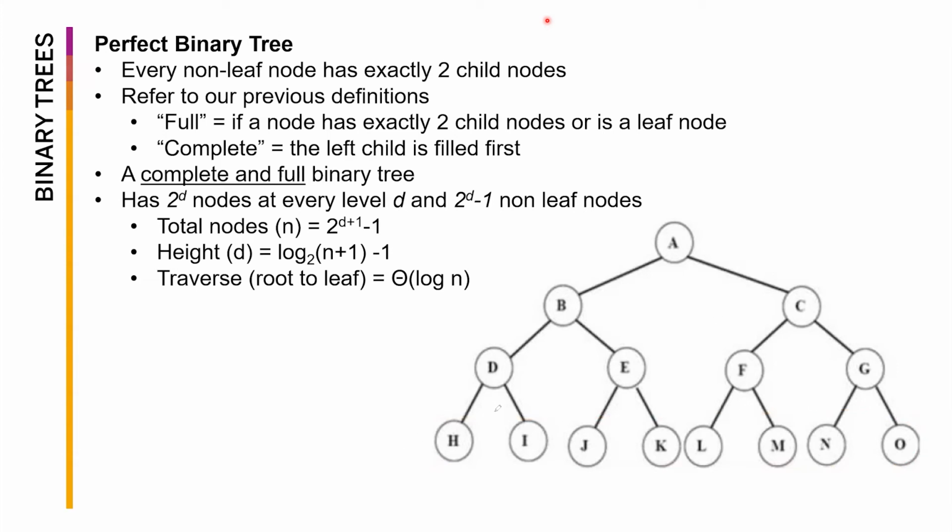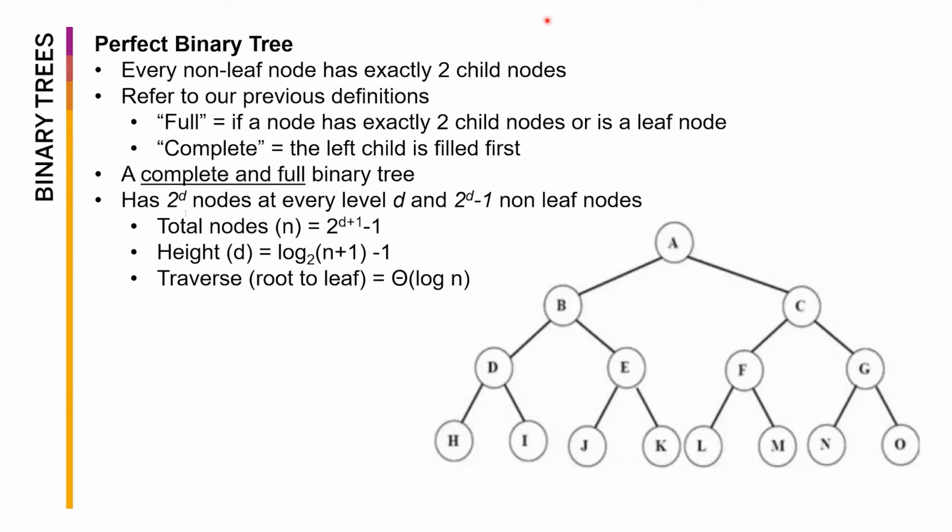So it's complete on both sides. It's also full on both sides. It's a complete and full binary tree, right? So if at every level D we have 2 raised to D nodes, it follows the generic definition of a binary tree.